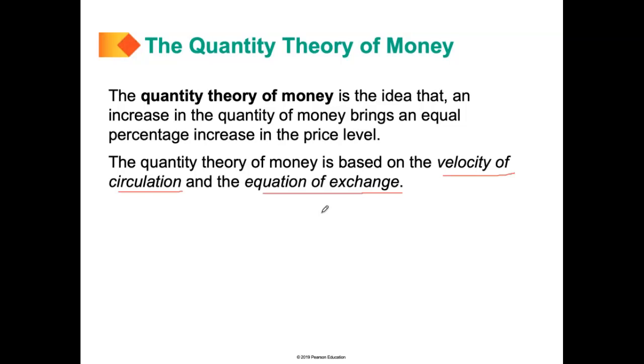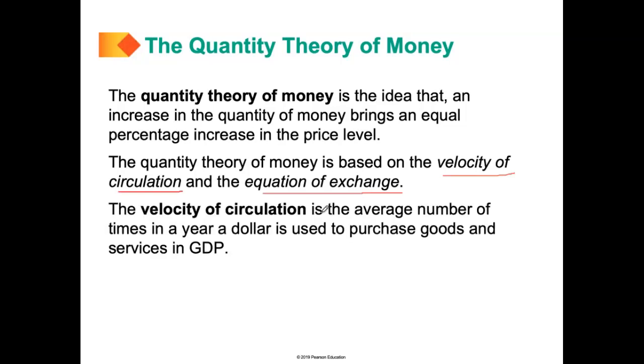And using the velocity of circulation, we can find what we call the equation of exchange. The velocity of circulation is the average number of times a dollar bill is used to purchase goods and services in terms of GDP. That is, how many times does an average dollar bill travel around the economy in a year?